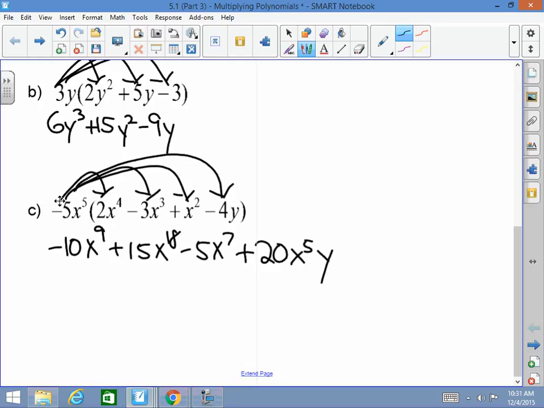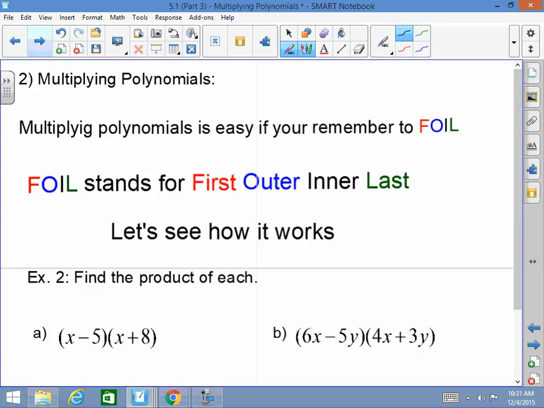Threw that in there just so you can remember you cannot add the exponents of variables unless it is the same exact base. Does that make sense, gentlemen? And that's not an 18, that came out a little sloppy. That is an 8. Pretty simple, no? So that's multiplying monomials times polynomials.